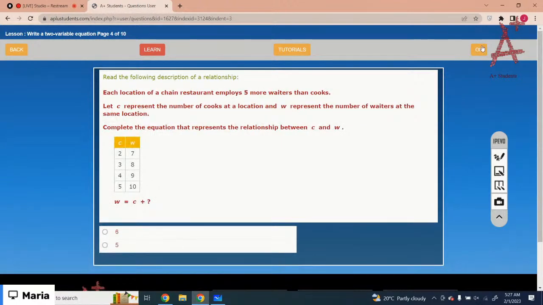Okay, the next one is each location of a chain restaurant employs 5 more waiters than cooks. Let C represent the number of cooks at a location and W represent the number of waiters at the same location. Complete the equation that represents the relationship between C and W. So which is the correct option?